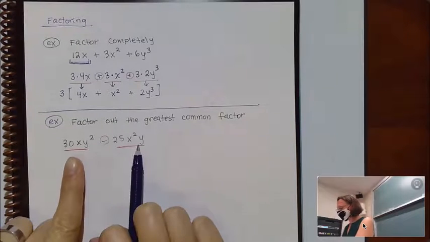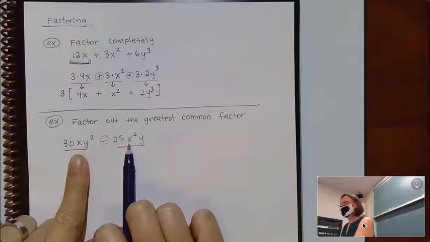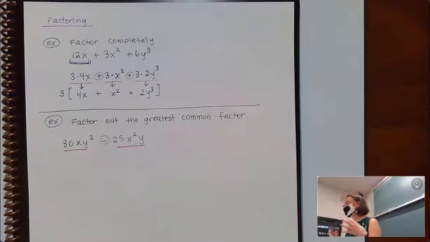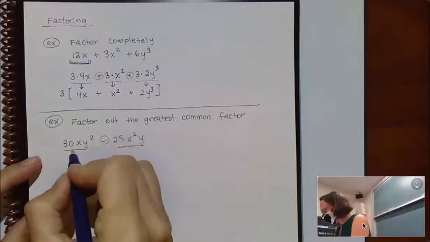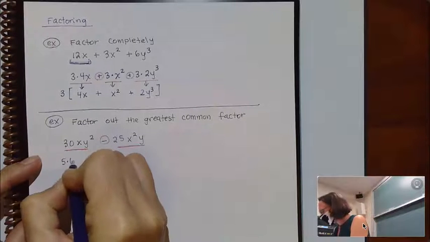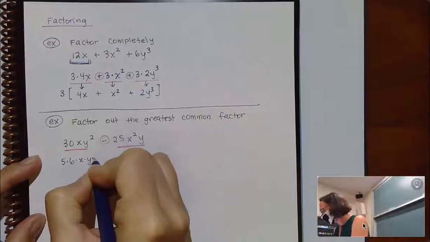Well, when I look at both of these, that's an x, and that x squared is an x times another x. That's a y, and the y squared is a y times another y. So if I separate out, I can think about that 30 as 5 times 6, and I can think about that as x times y times y.